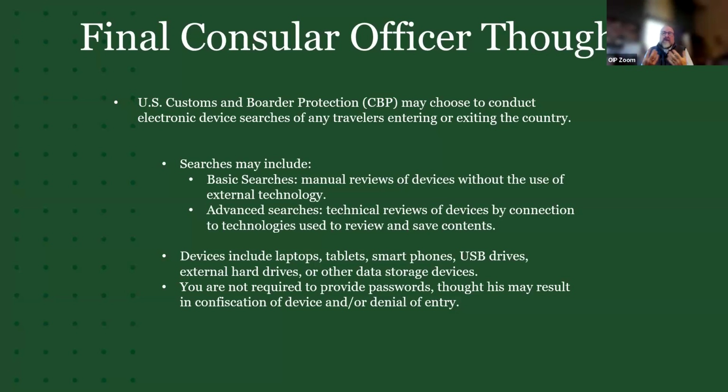If you are referred to secondary inspection, where they have more questions or want to review one of your devices, you still have time to make your connecting flight. So always plan ahead when it comes to scheduling your flight coming into the United States.